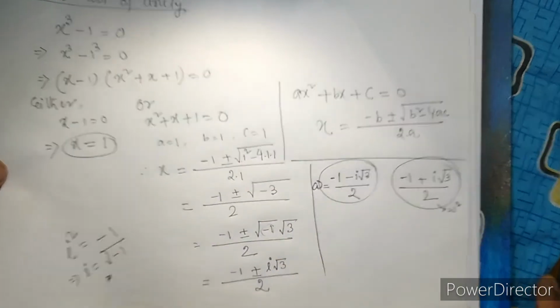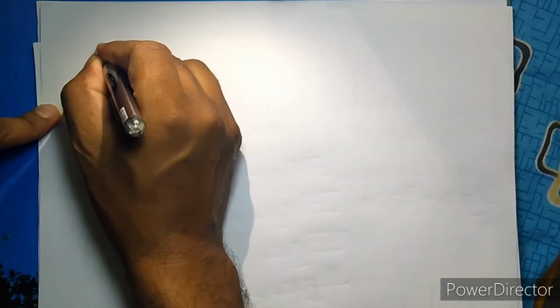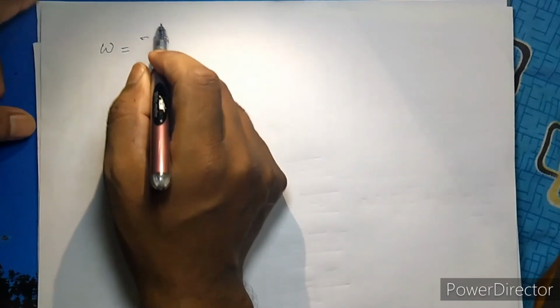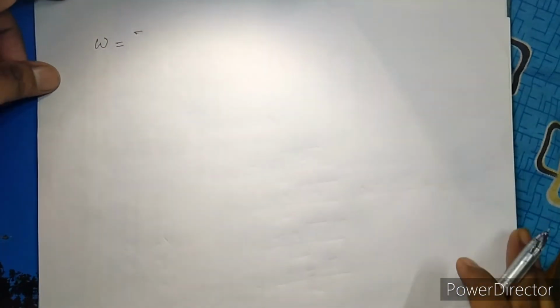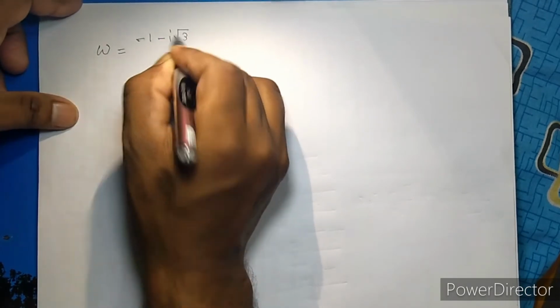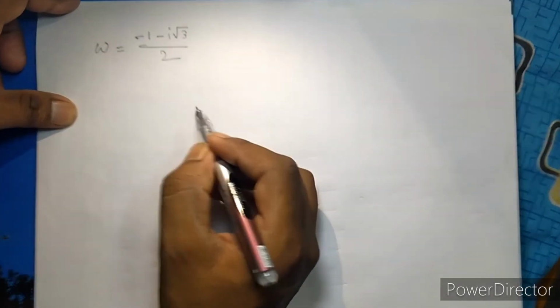So let's check. We have omega equal to minus 1 minus i root 3 divided by 2.